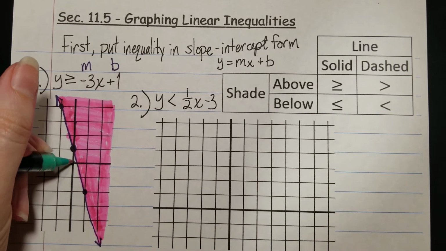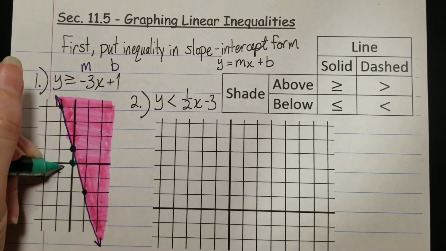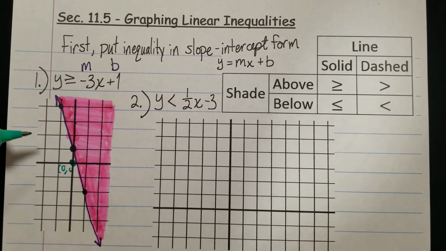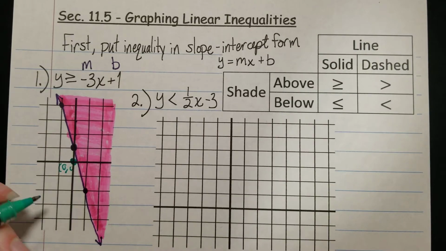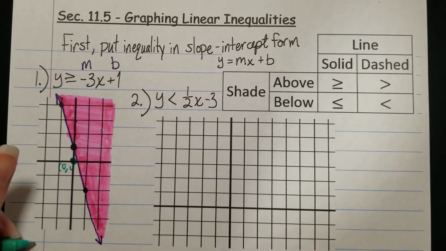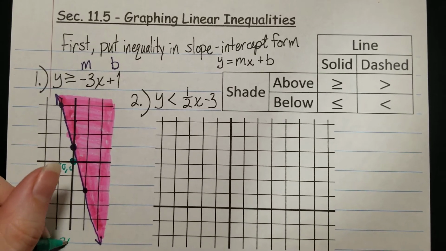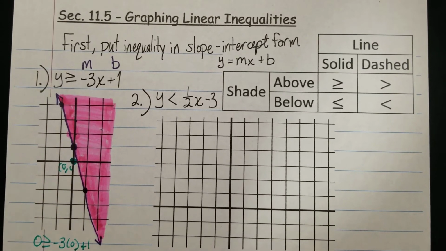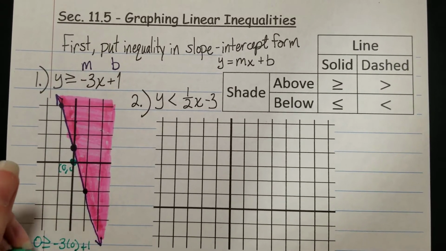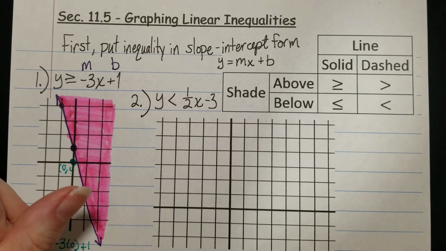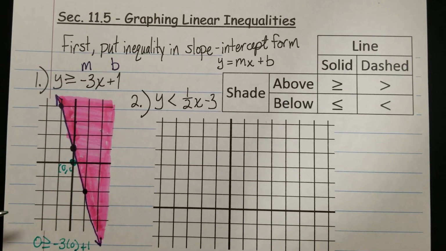All right, so like here is 0, 0. X is 0, y is 0. So if I plug in 0 for x and 0 for y into my inequality, that would say 0 is greater than or equal to -3 times 0 plus 1. If I simplify that, that would be 0 is greater than or equal to 1.